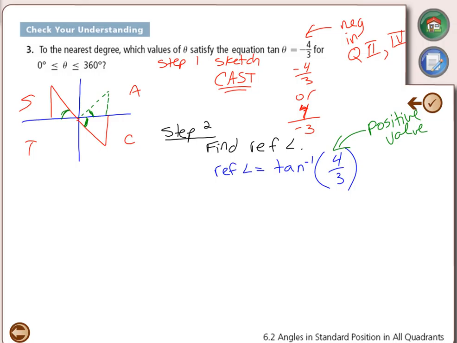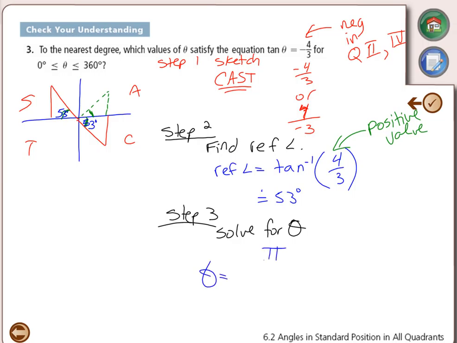Punch that into our calculator. We get approximately 53 degrees. That means 53 degrees inside here, 53 degrees inside there. Step number 3, we're going to solve for theta. We've got two answers, a quadrant 2 and a quadrant 4.